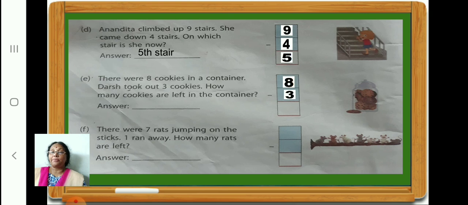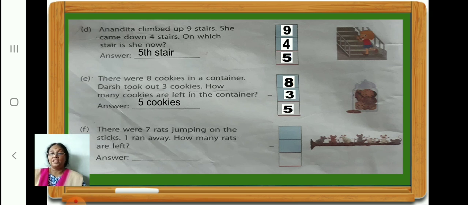That is 8 minus 3. Come on, you can use your fingers. Ready? Yes, 8 minus 3 is 5. So children, 5 cookies are left in the container. So let us write the answer, 5 cookies. Finish writing, children? Okay. Now let us go to the next question, F.